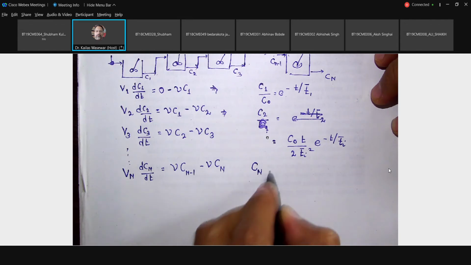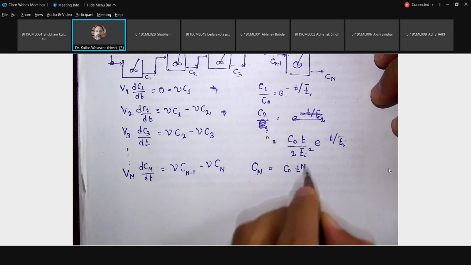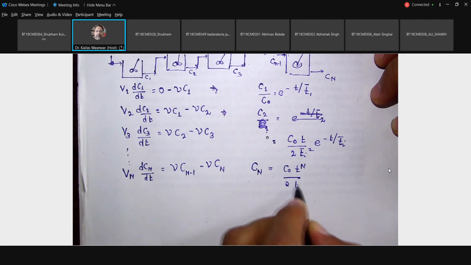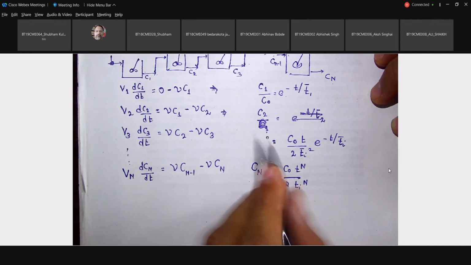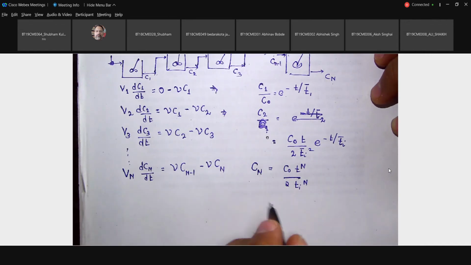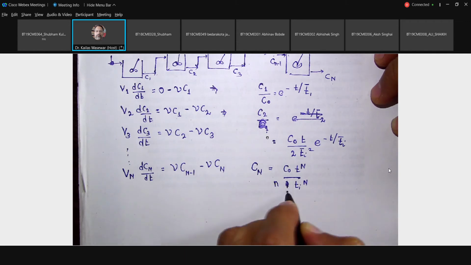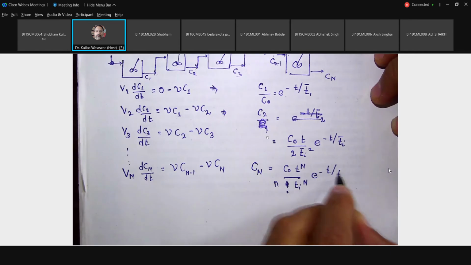Cn final is equal to C0 t to the power n, oh sorry, it will be n minus 1 factorial. It will be n factorial, yes, and this will be exponential of, same as before.